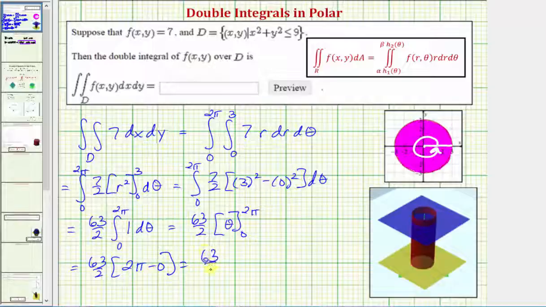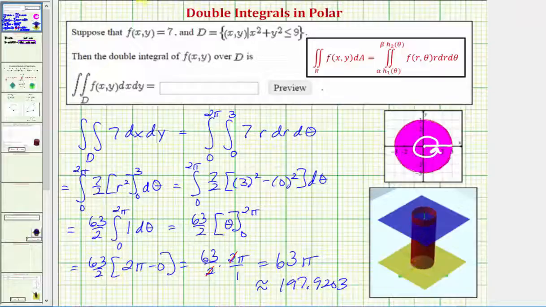Well, 63 halves times 2 pi simplifies to just 63 pi. In decimal approximation, this would be approximately 197.9203.